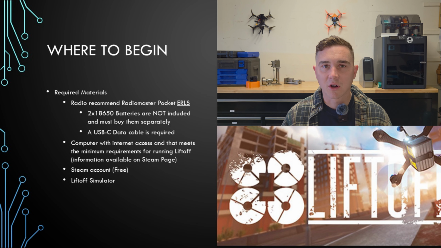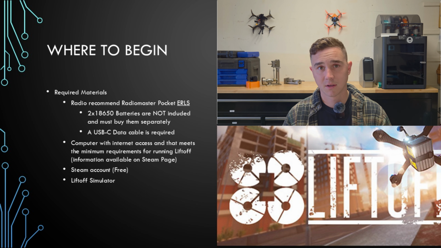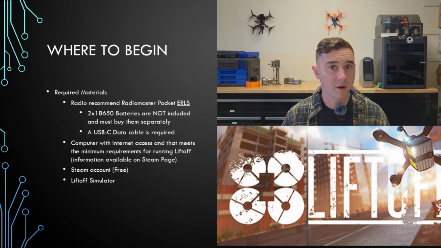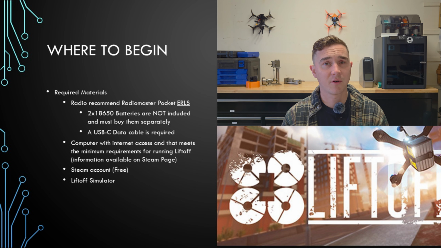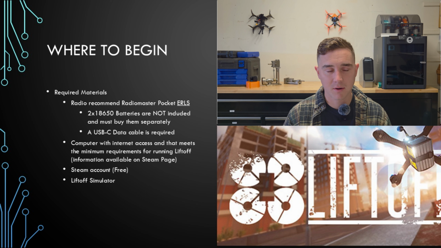So where do you get started? What do you have to do to fly FPV and get some eyes in the sky? Super simple. You get a controller, you get some batteries, and you get a sim. For the controller, I recommend the RadioMaster Pocket. It's the cheapest worth having in my opinion. Get the ELRS version, $65. You need $10 worth of batteries, so get 18650 batteries. Can't go wrong with a high milliamp hour.